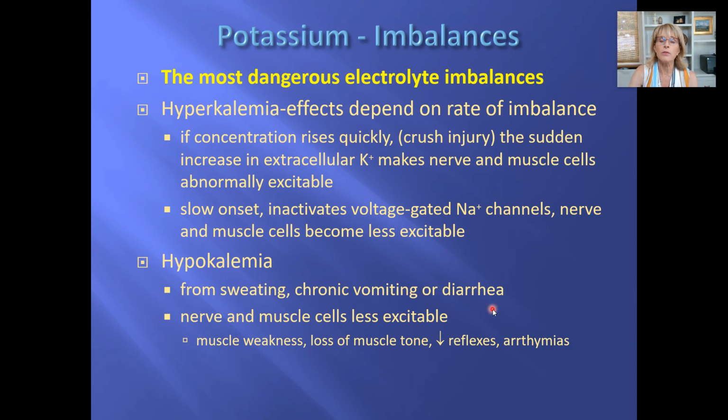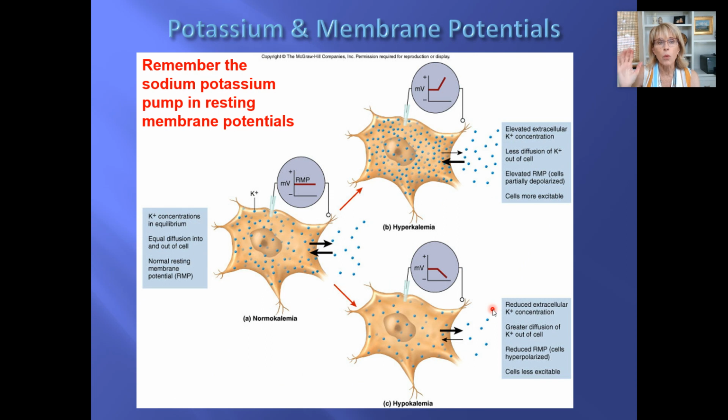Hypokalemia. Chronic vomiting and diarrhea is the most common cause of this, and this generally will lead to the muscle weakness that you feel when you've had the stomach flu for a couple of days. It's not mostly dehydration. A lot of it is low blood potassium. Okay? Now, I keep warning you that you can kill people this way. Let's go back to thinking about nerve cells, okay?